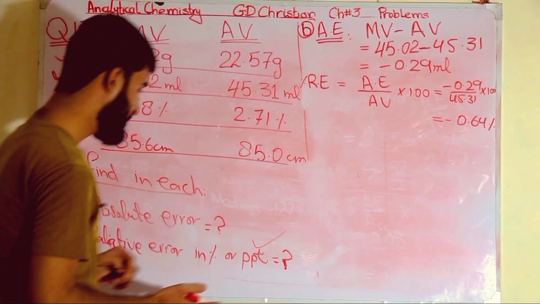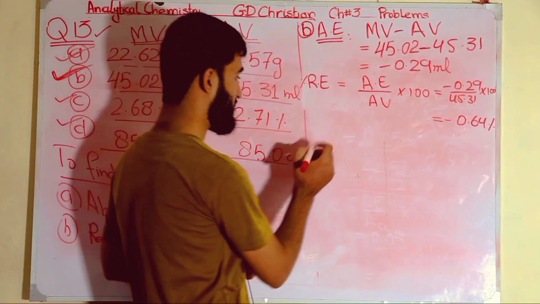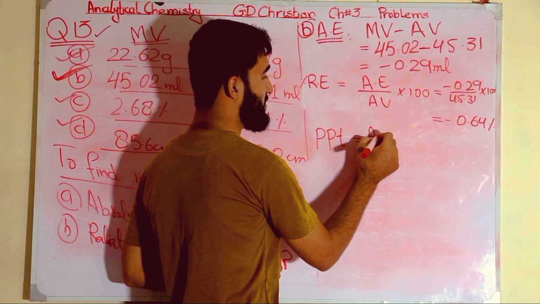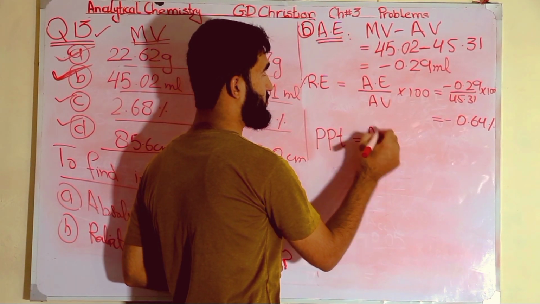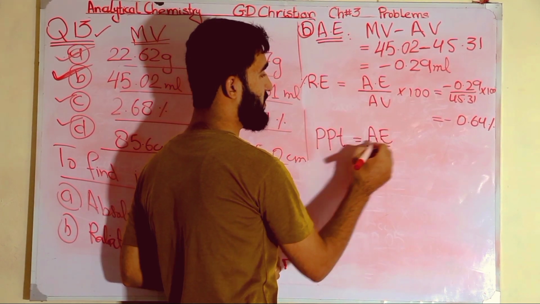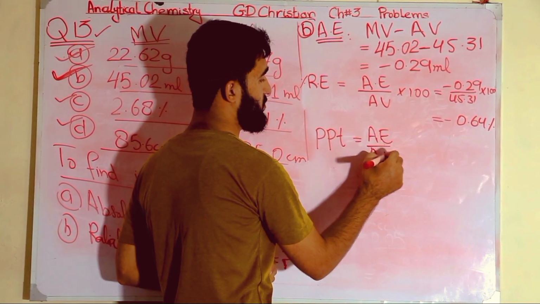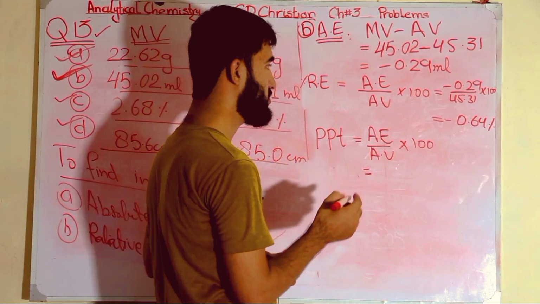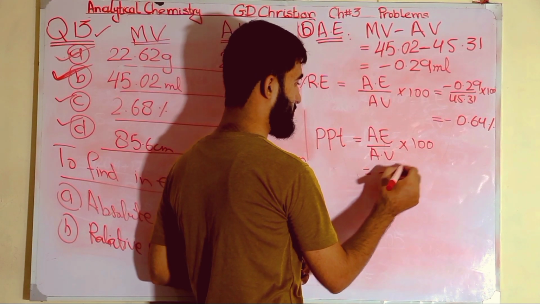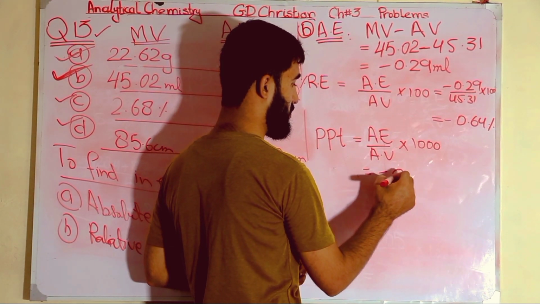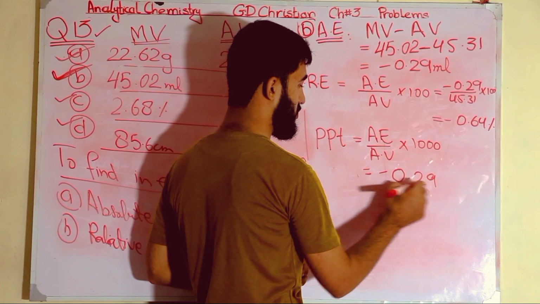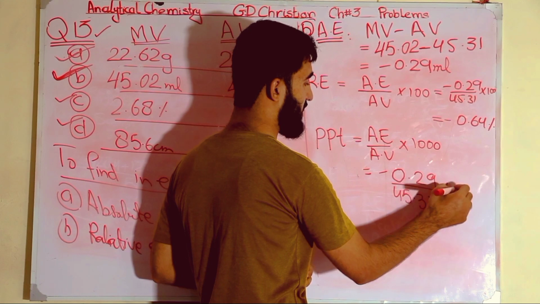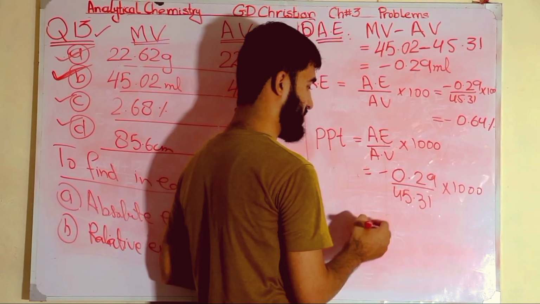Now the third part, we have to find parts per thousand. PPT is equal to absolute error over accepted value multiplied by 1000. Now putting the values, minus 0.29 over 45.31 multiplied by 1000.